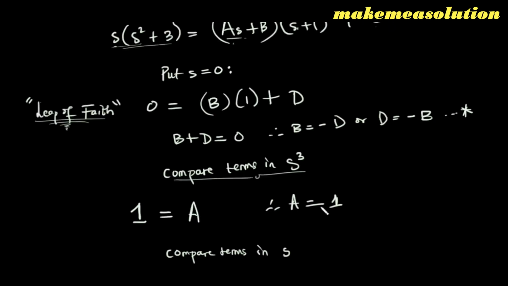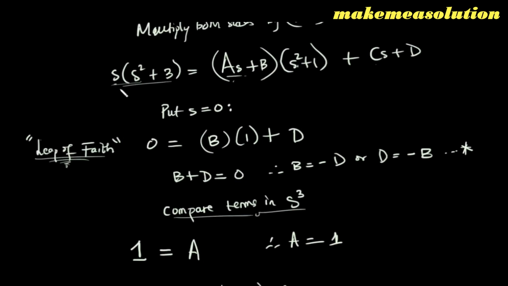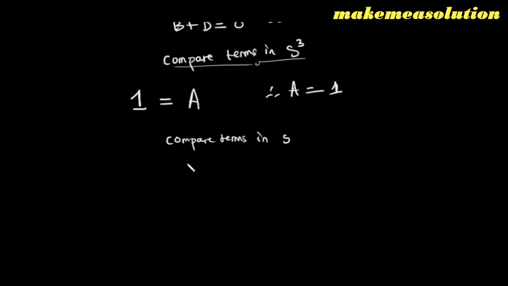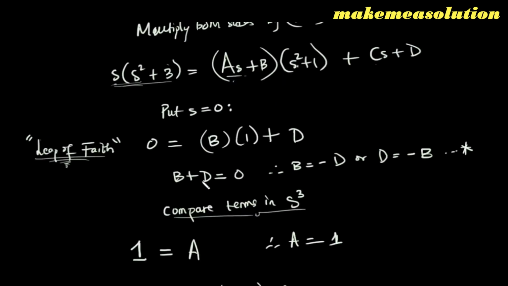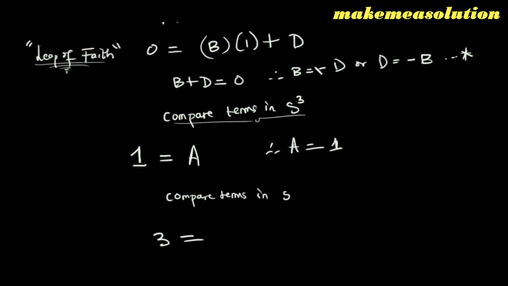So if I compare terms in s, from the left hand side, you will observe that when we expand the bracket, we're going to have a 3s. So the coefficient on the left hand side is going to be 3 for s. Now if we expand on the right hand side, the terms in s that we're going to be getting, we're going to get an as.